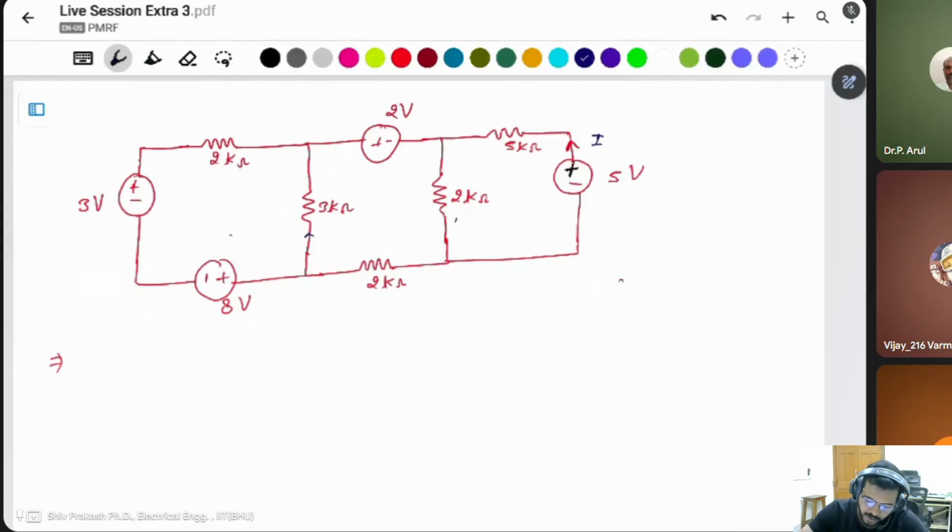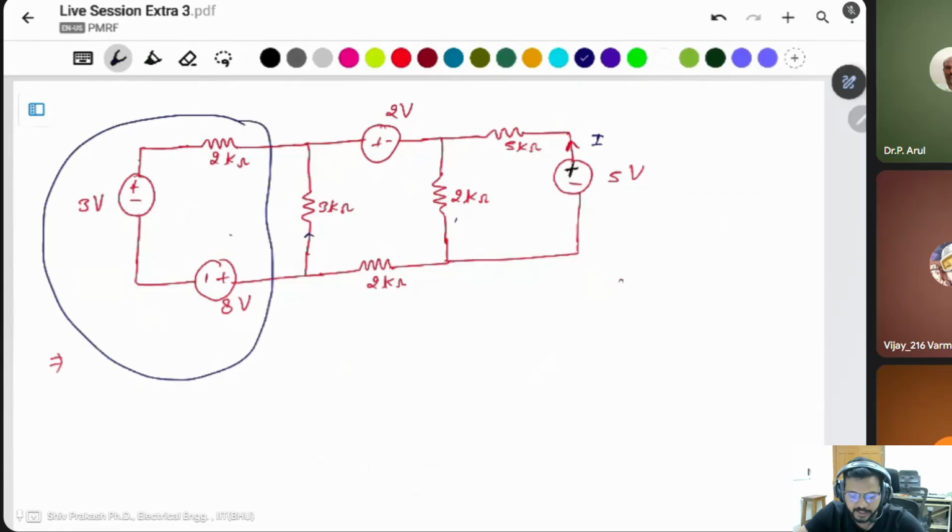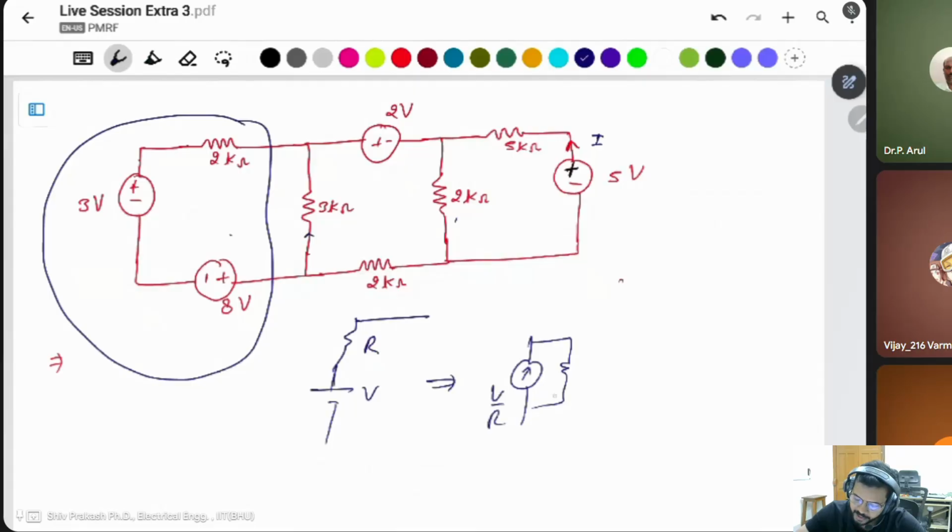Now the source transformation: a voltage source and a resistor connected in series, with values V and R, you can transform into a current source in parallel with a resistor, using V by R and R. This is 8 volt and this is 3 volt.